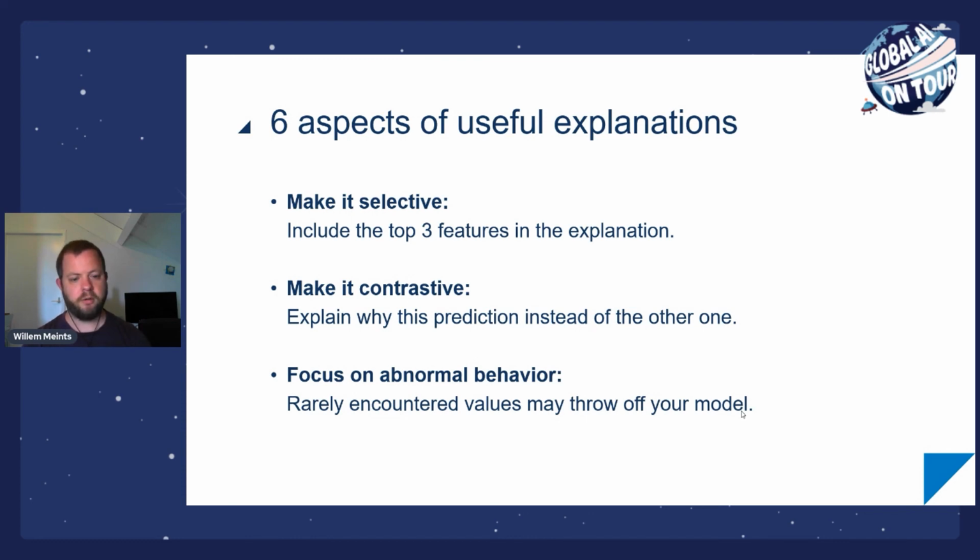The third one is focus on abnormal behavior. So if your model is doing the right thing, nobody's going to care all that much. Maybe sometimes, but not in 100% of the cases. So if you have weird behavior in your model, for example, you have an input sample that has values that are way outside of normal for your model, they are outliers, for example, those are cases that are interesting.